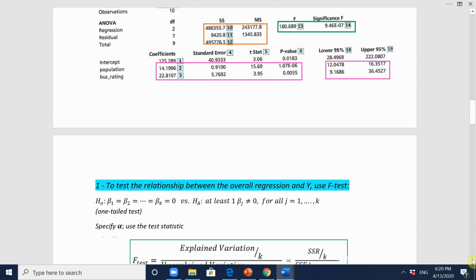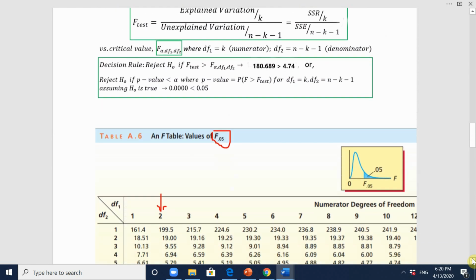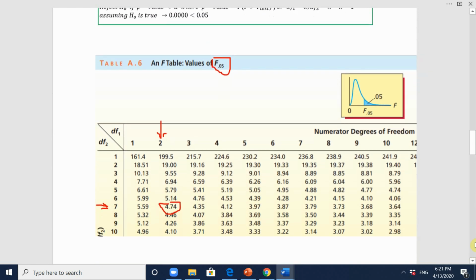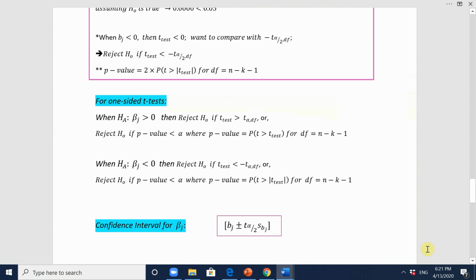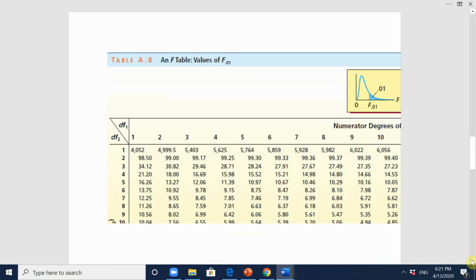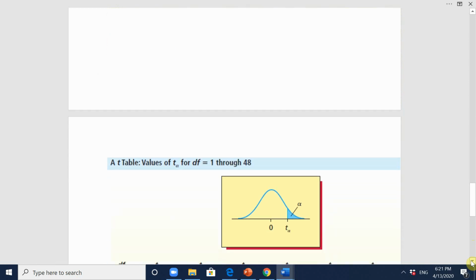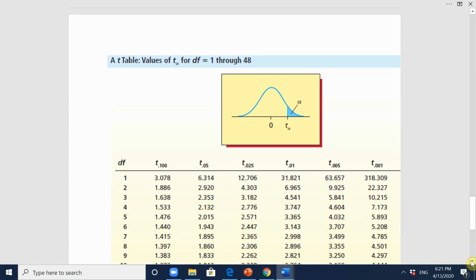The critical t-value here, if I'm using a level of significance of 0.05, then let's just go look quickly and see what we can get as a critical t-value. Here we are.